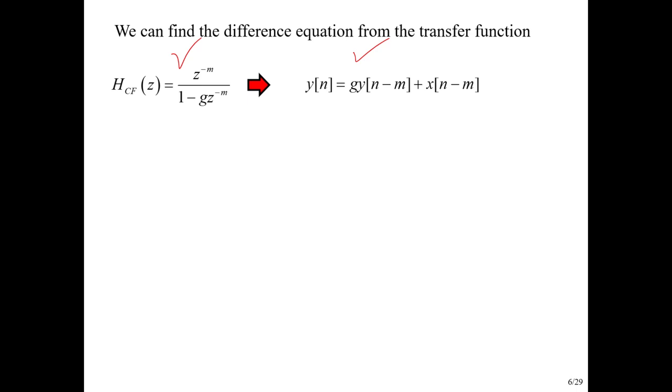It showed all the interconnections between difference equation, transfer function, frequency response, impulse response, block diagram, pole zero diagram, all of it. So we're just basically using that as a guide to look at all the different characteristics of this particular system.